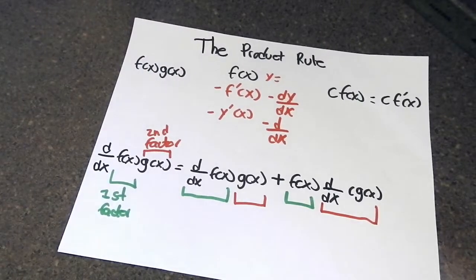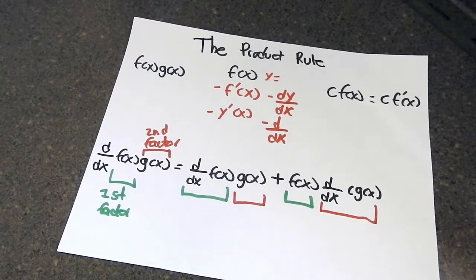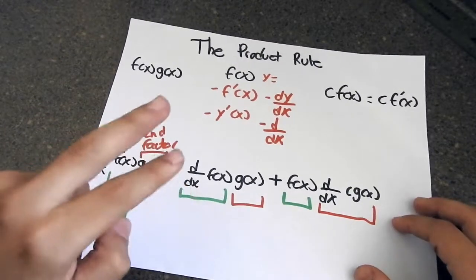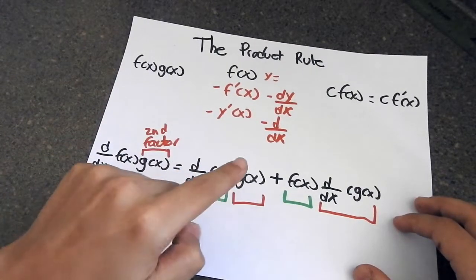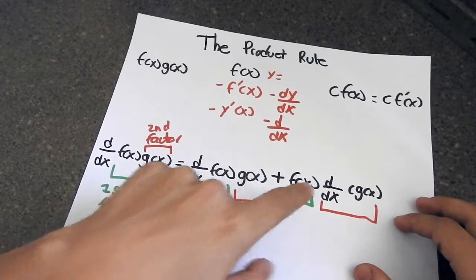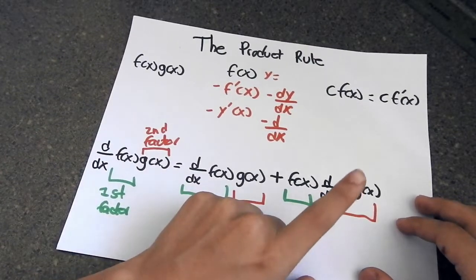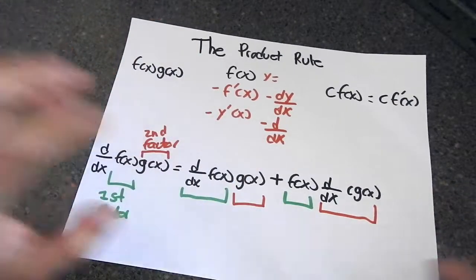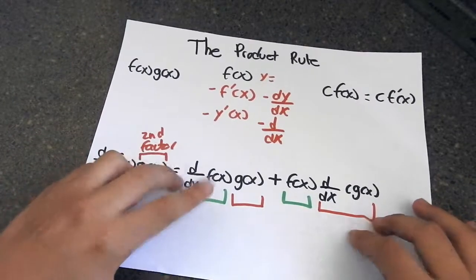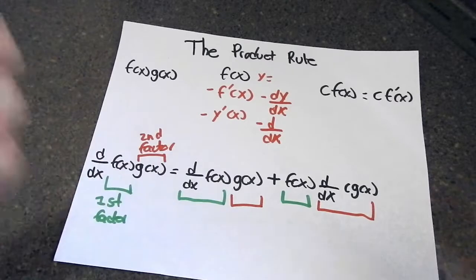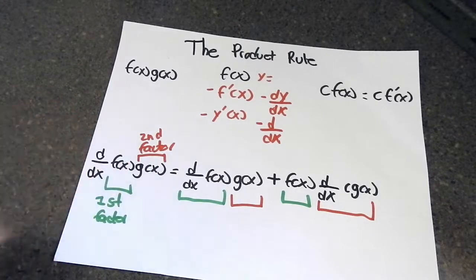So this means that when we have to take the derivative of factors multiplying, we take the derivative of the first multiplied times the second one plus the first one times the derivative of the second one, and then we just apply the derivatives, multiply them, and then simplify to give an answer.